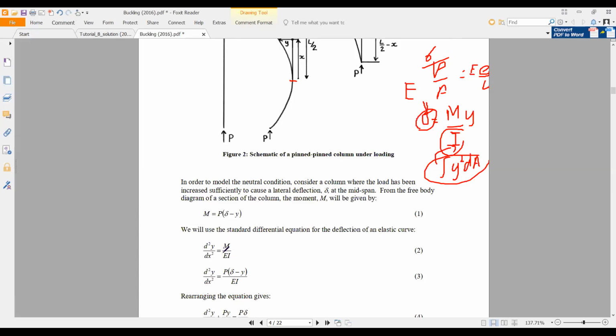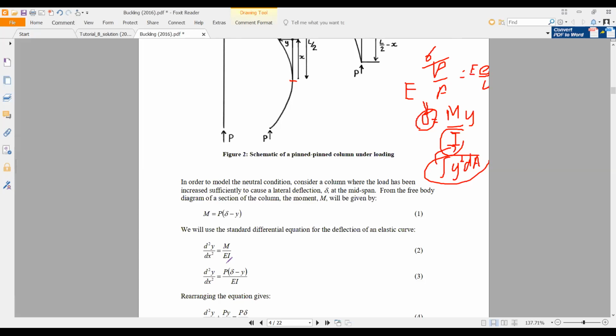If you want, you can try this one, and you will end up with this equation. I'm not going to go through that one; this is an advanced level thing. So, converting the integral to the differential equation.